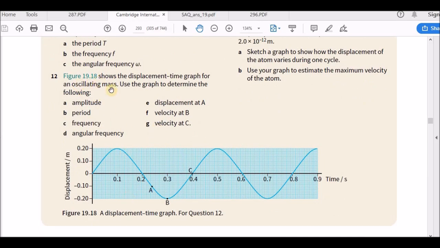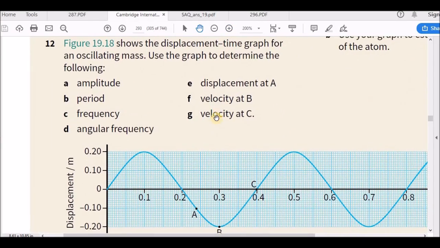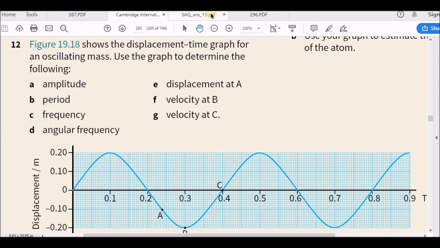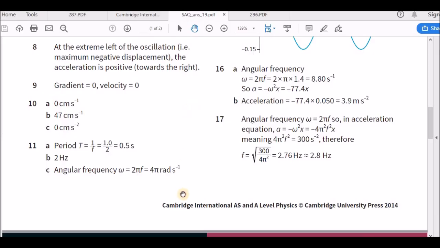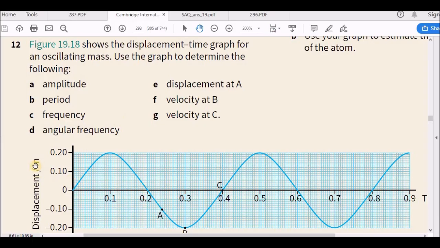Figure 19.18 shows the displacement time graph for an oscillating mass. Use the graph to determine the following: amplitude, period, frequency, angular frequency, displacement at A, velocity at B, velocity at C. Amplitude is the maximum displacement, and we can see over here it is 0.20 meters.